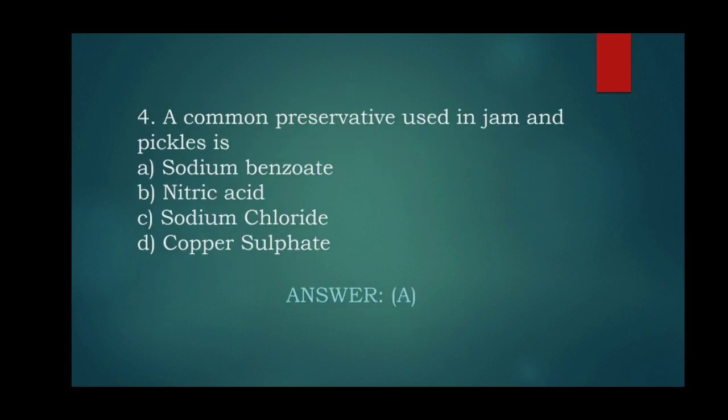Question number 4: a common preservative used in jam and pickles is option A, sodium benzoate, option B, nitric acid, option C, sodium chloride, and option D, copper sulfide. In jam and similar products, some chemical preservatives are added, so the chemical preservative added in jam is option A, sodium benzoate.